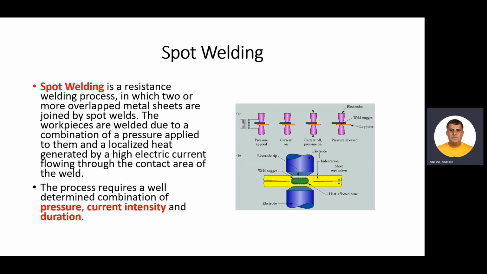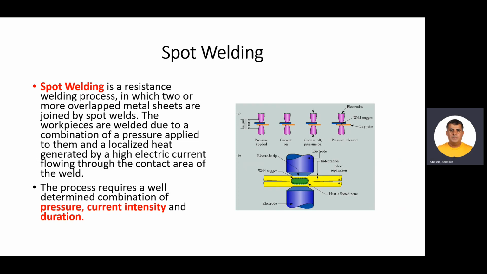We overlap two pieces of sheet metal, and we make a high current go through them. When that current goes through these two pieces of metal, between them the resistance will be the highest.